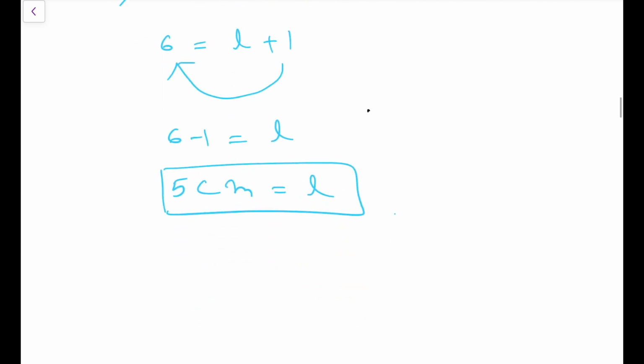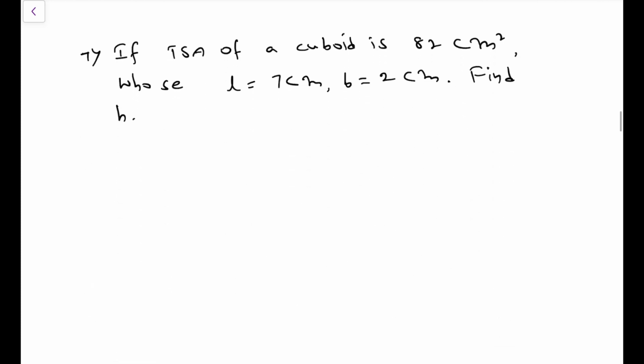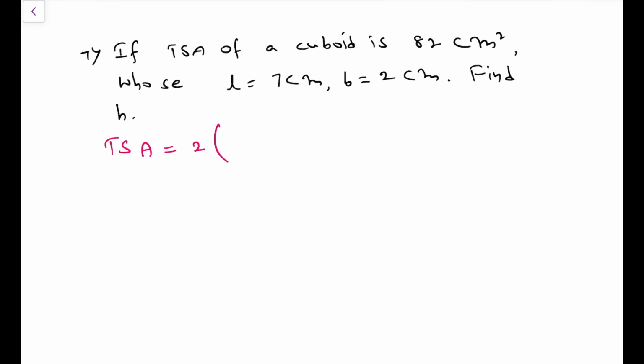Next question. If TSA of a cuboid is 82 centimeter square, length is given as 7 centimeter, breadth is given as 2 centimeter, then find height. What is the formula for TSA of a cuboid? TSA of a cuboid is 2 into (LB plus BH plus HL).